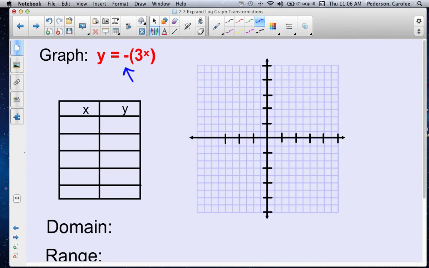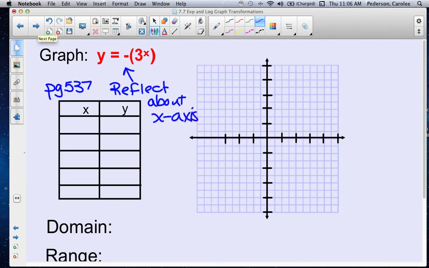Okay, you should have found on page 537 in the bottom box, if your negative is in front of your function, which it is, it's going to reflect about the x-axis. You remember those transformations that we learned earlier in the school year? That's what these are talking about too.